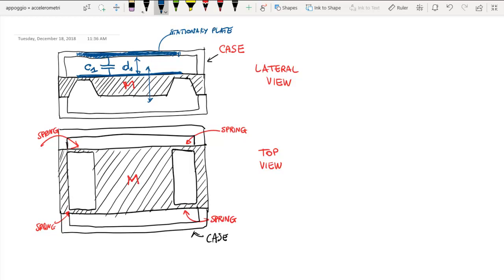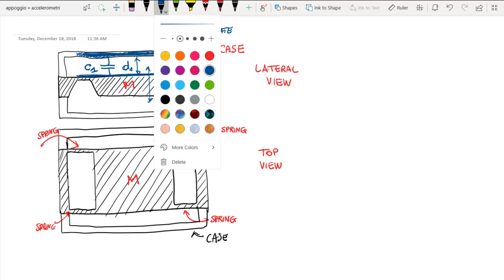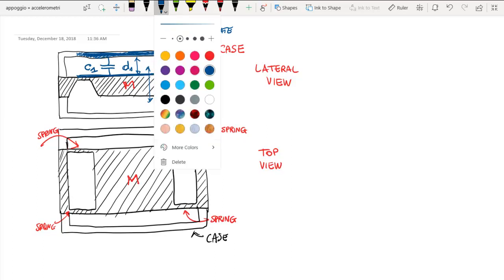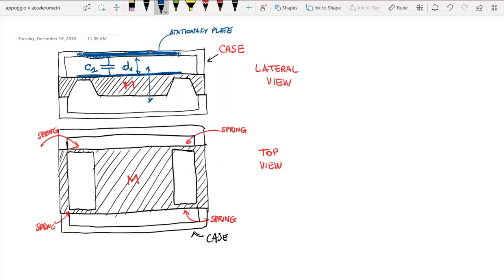And in practice, what is usually done is not just having one capacitance, but having two capacitances, so that we can make a differential assessment of the displacement. Let me show you why it is useful. This means that we can have another stationary plate on the bottom of the case.